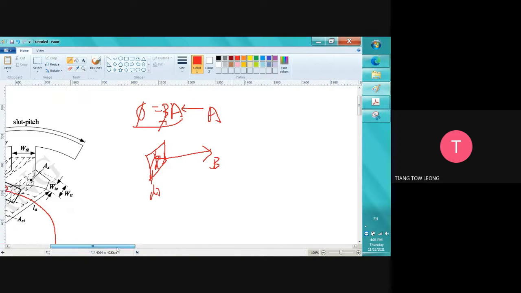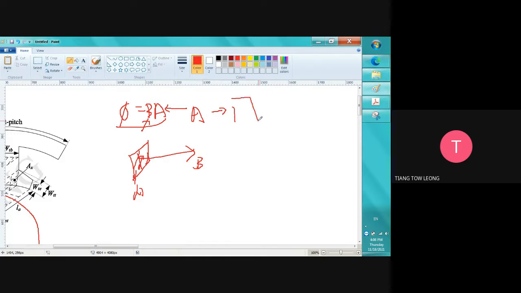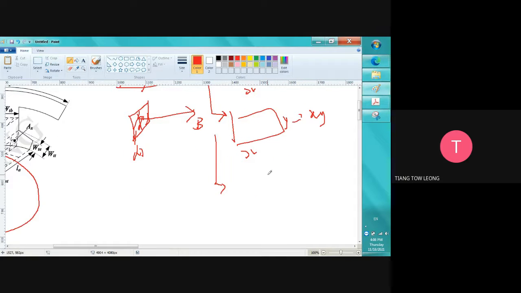The area can be a square: if it is x by x, then it is x times x. If the area is a rectangle, it is x times y. If the area is a circle, it is pi r squared, or pi d squared divided by 4. How to get it? Pi times d divided by 2, then square it.